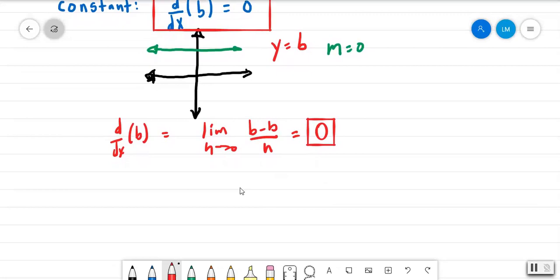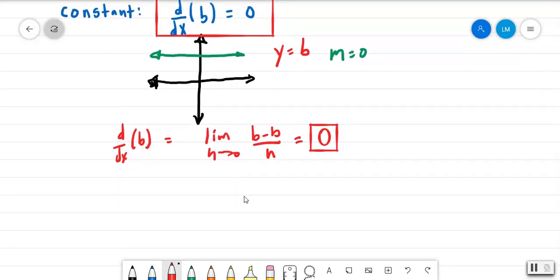Now, another rule that we have as it relates to derivatives is what we call the identity. Whenever we talk about the identity, we're actually talking about the derivative of x.